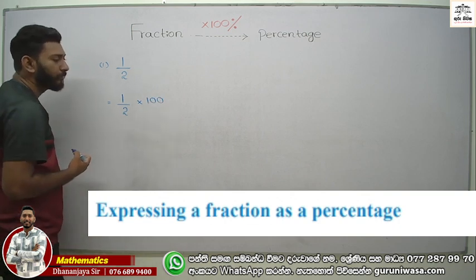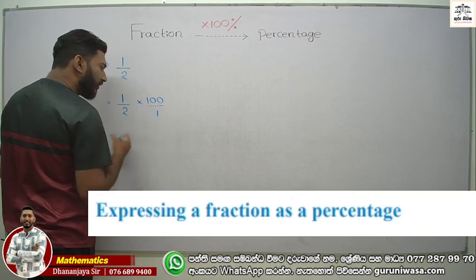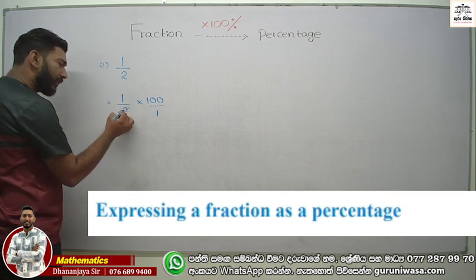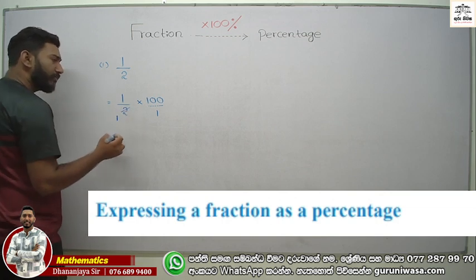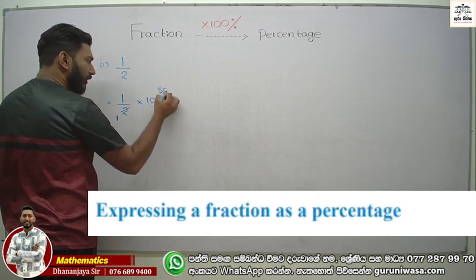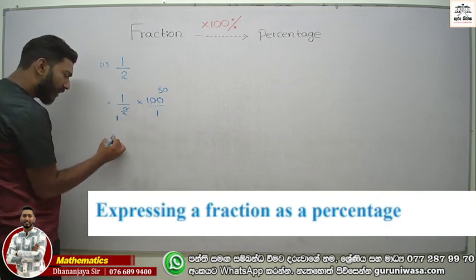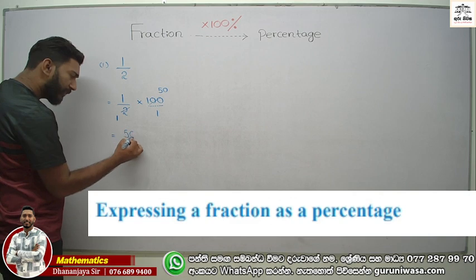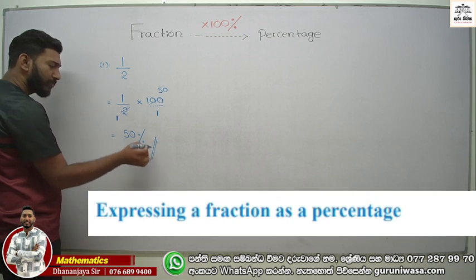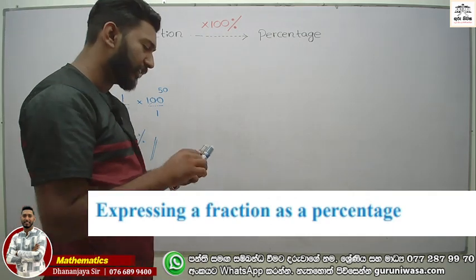Now you know the denominator of the 100 is a 1. Therefore, you can simplify up and down, 2 times 1 and 2 times 50. Now 50 multiplied by the 1, then the answer becomes 50%. You have to put the percentage mark. And this is the answer for the first example. I think this one's a very easy method, right?